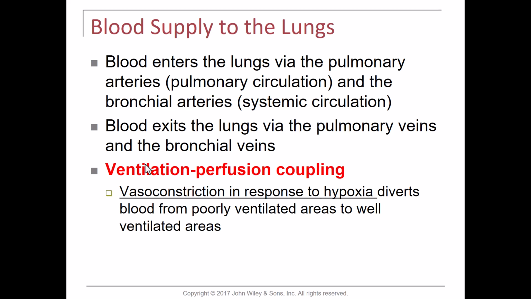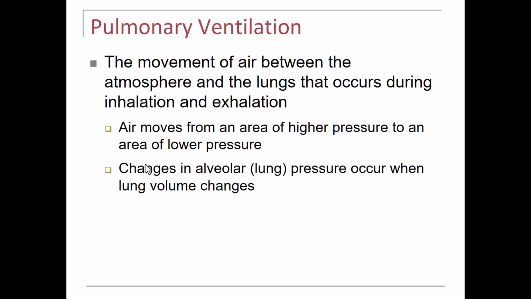And note this is different than anywhere else in the body, because in other areas of the body, vessels will respond by vasodilating many times when there are lower amounts of oxygen, because they're trying to extract the oxygen possible. But ventilation perfusion coupling means they can constrict in low oxygen areas, so we have more blood go to highly oxygenated areas.